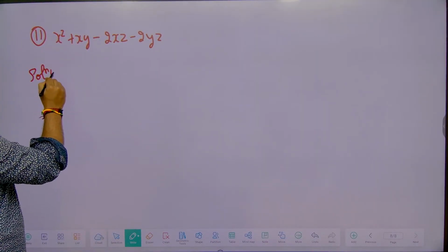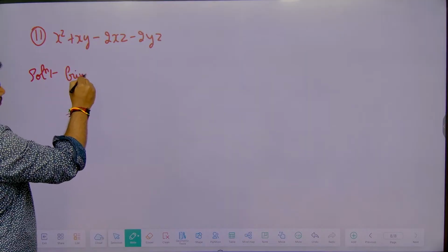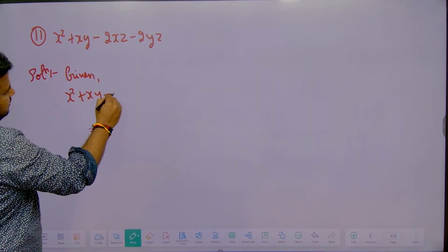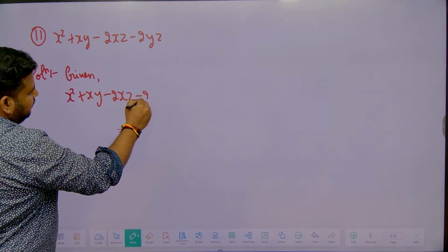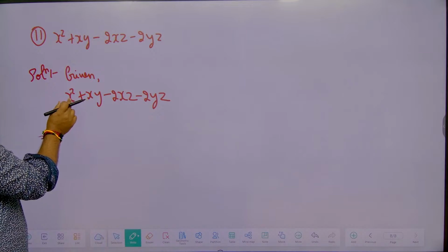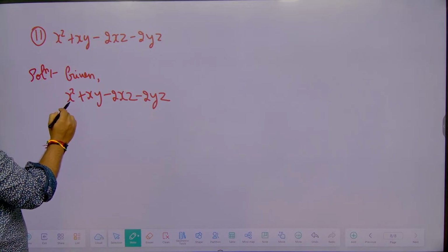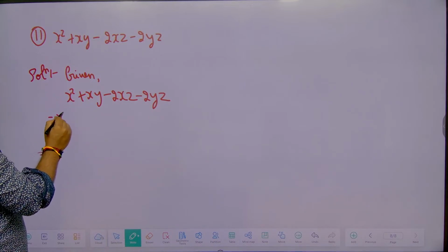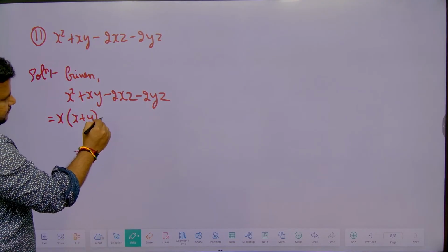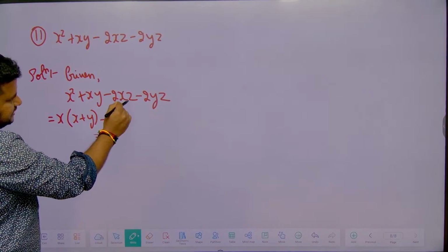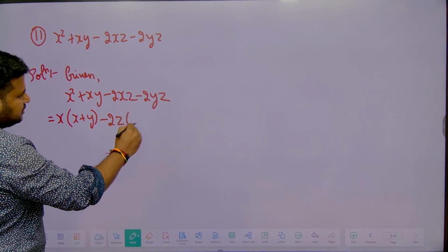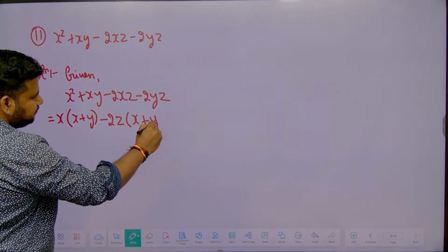Whatever is given, write down clearly. Given x square plus xy minus 2xz minus 2yz. Here, I can take x common, so x into this will become x into x plus y. Now here I can take minus 2z outside, since minus 2 and z are in both places, so this will become x plus y.